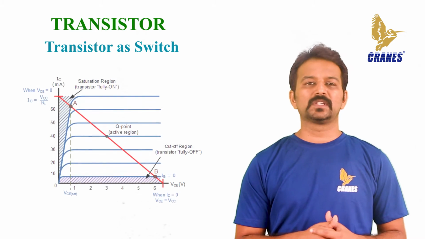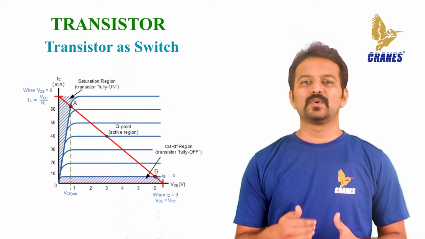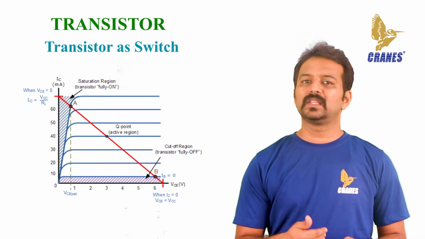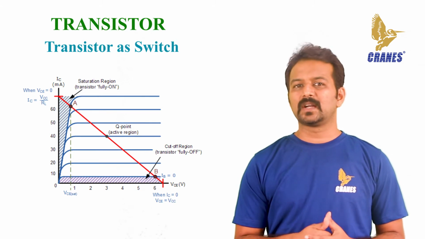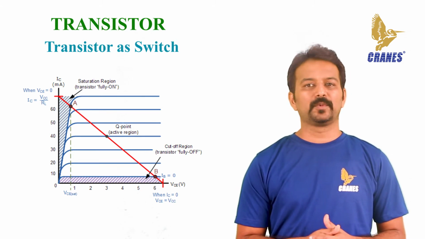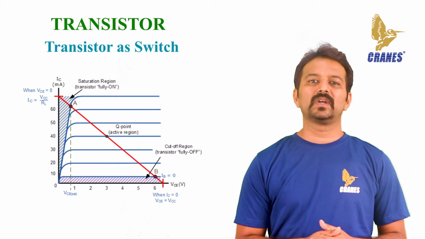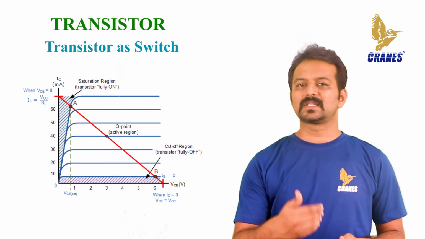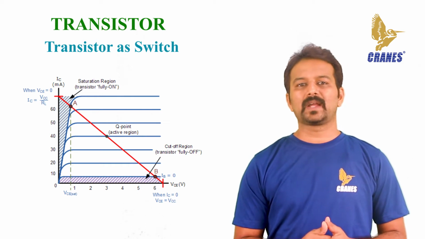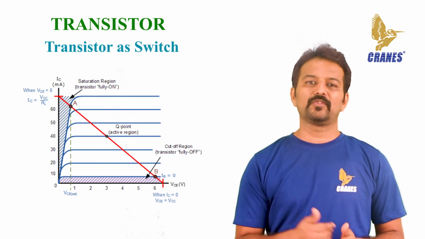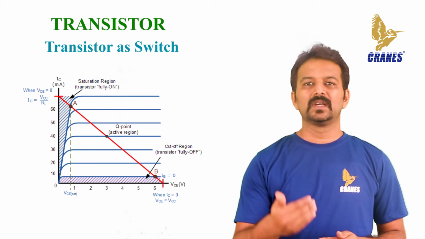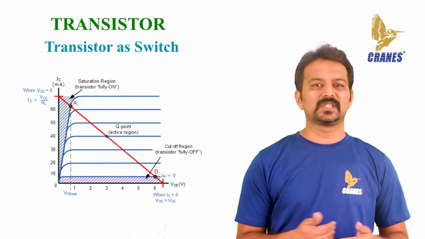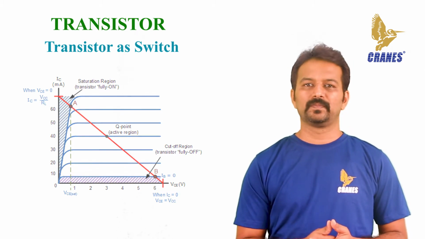The areas of operation of a transistor switch are known as the saturation region and the cutoff region. This means that when we ignore the operating Q-point biasing and the voltage divider circuitry required for amplification and use the transistor as a switch by driving it back and forth between its fully off, that is nothing but the cutoff region, and fully on, which is nothing but the saturation region, as shown.